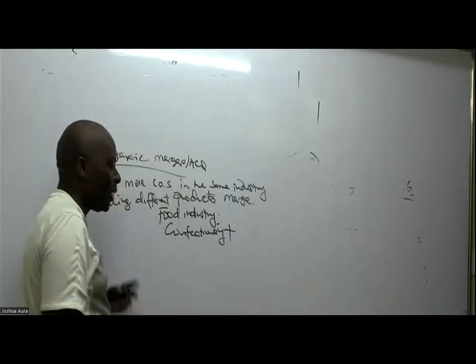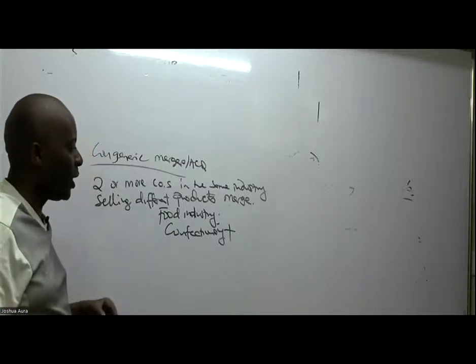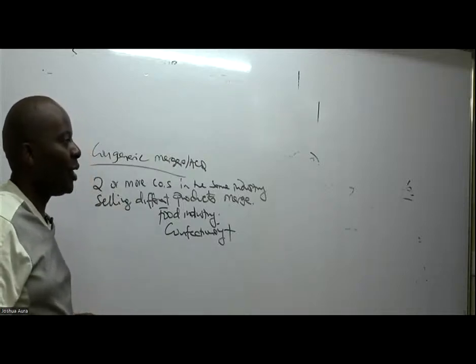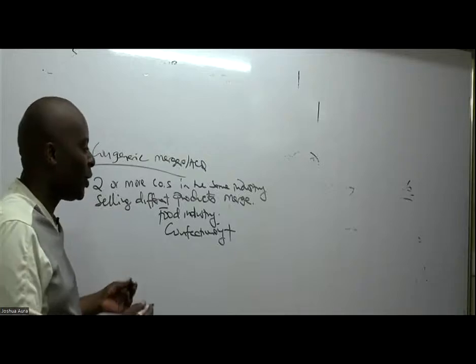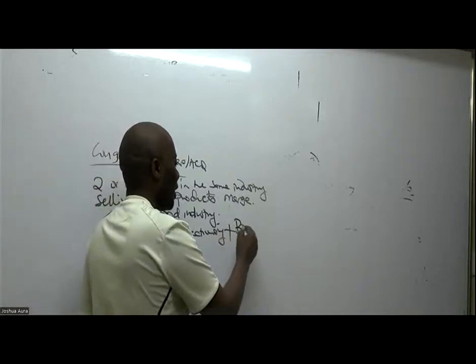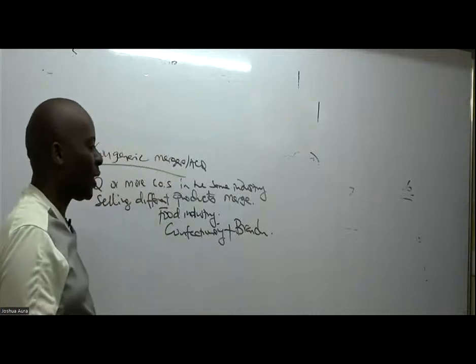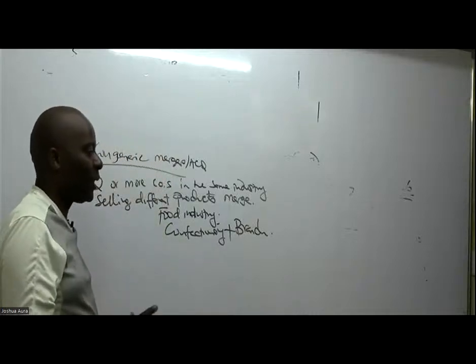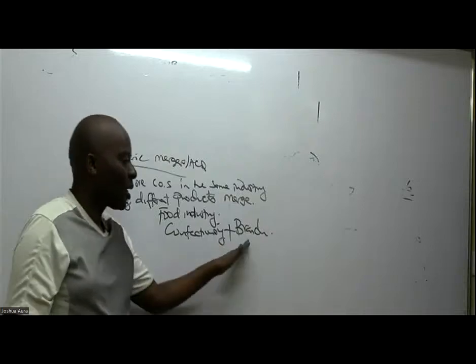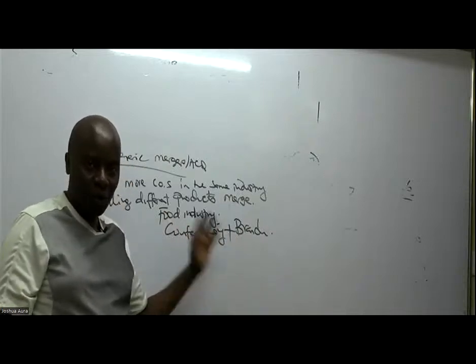Which restaurant will these guys here be knowing? The restaurant which is very common here, like the branch restaurant along Kimathi, Moi Avenue. You see, this does not have any confectionery.